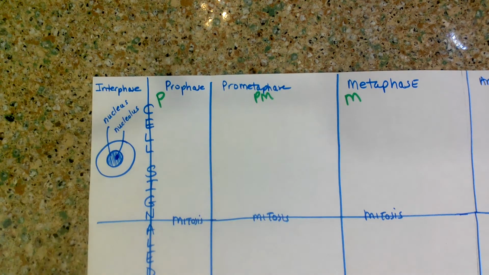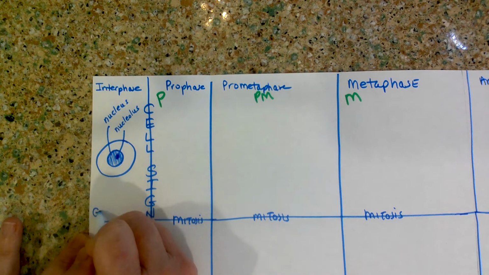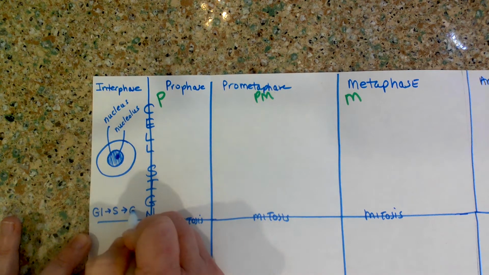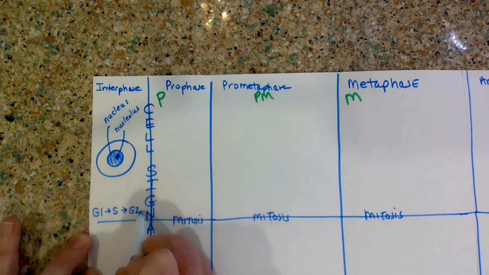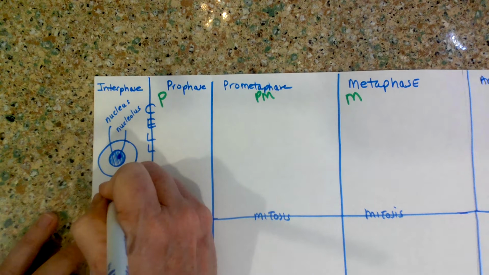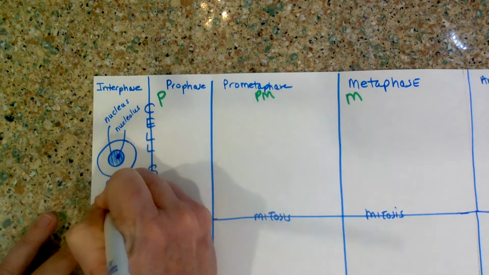And the nucleolus is the organelle that makes ribosomes. So the cell is about to stop working. So it gets the signal in G1, and then it'll go to the S phase, and then it goes to G2. And then after G2, it hits that prophase, okay? So interphase is 90% of the cell's life.